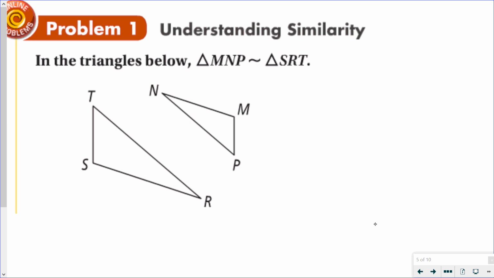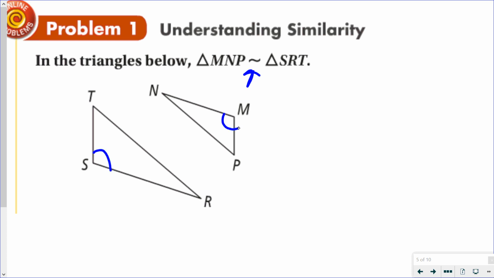Now, to understand similarity a little bit more, here we have two triangles, and we're told that the two triangles are similar to each other because of that symbol that's in between the two. So we want to figure out which angle is congruent to which angle, and what would the extended ratio or the extended proportion be. So angle M and angle S are congruent to each other.